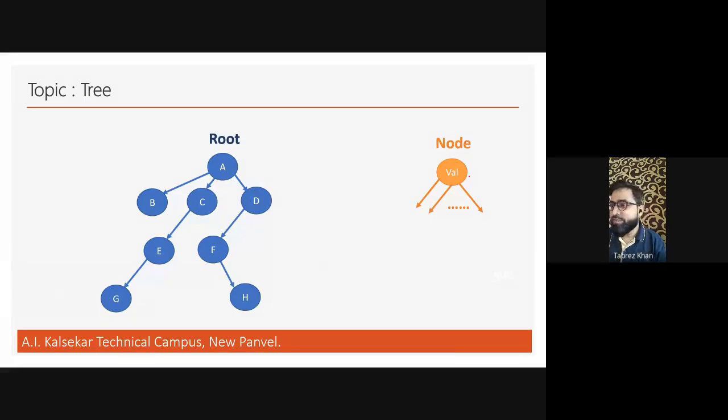Then the next important terminology is leaf nodes. Now, what are the leaf nodes? The way we have a leaf in a natural tree, the same way we have a leaf node in a computer science tree.